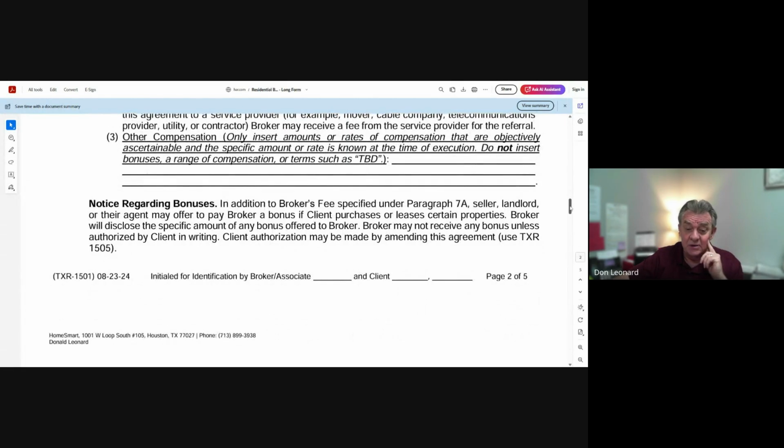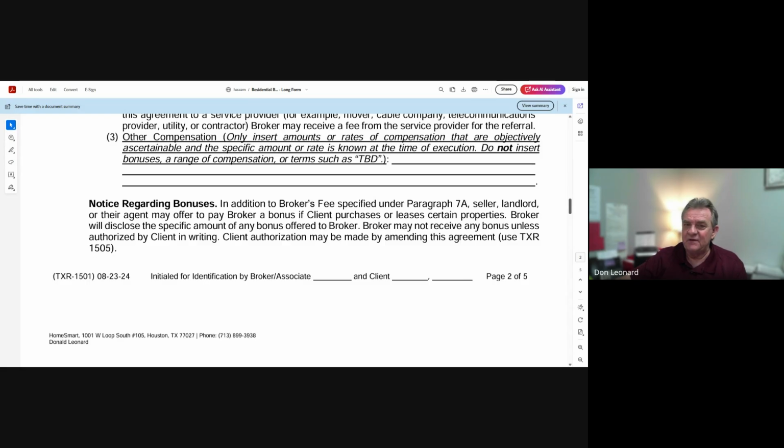Notice regarding bonuses. And that's in the 1505 as well, that if we do get to a transaction where a bonus is being offered, we can still receive it, but the buyer is going to have to acknowledge that before we can receive it. And so typically, of course, that's probably going to happen with builders and things like that.